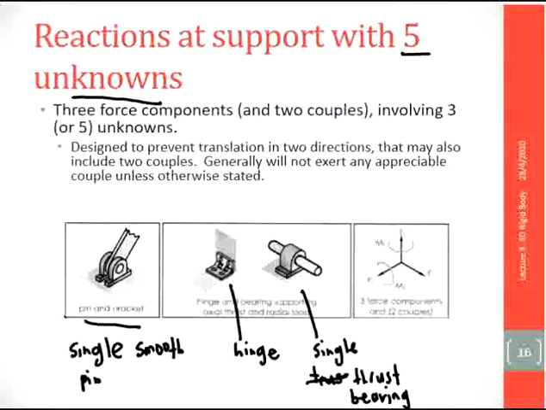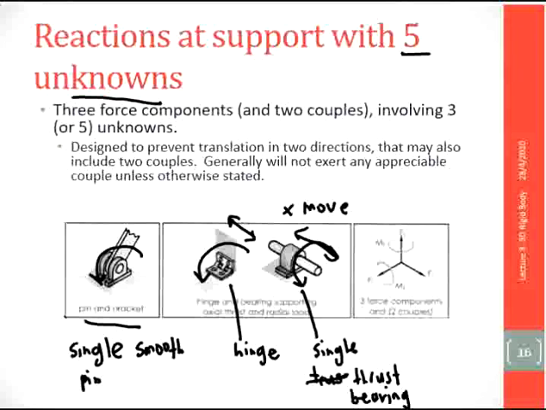So this one, sorry, it can rotate here. It can rotate about the x axis, like this. It can also rotate like this, but cannot move in the x direction.